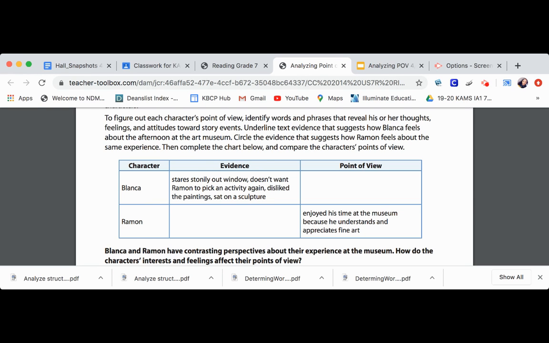So based off the point of view for Ramon, I see that he enjoyed his time at the museum because he understands and appreciates fine arts. So I will put he beams out the window. He understands the artist expressing himself and calls the sculptures priceless.